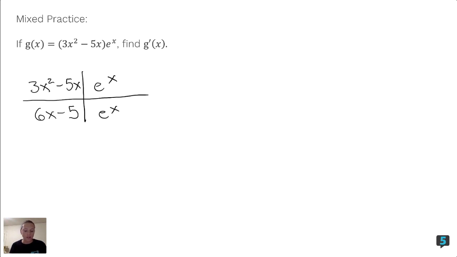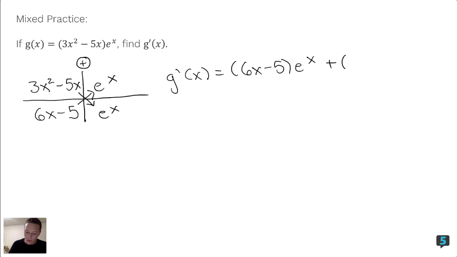All right, product rule. So we're crissing and we're crossing, but we are going to add. So we're going to get g prime of x equals the quantity 6x minus 5 times e to the x plus that quantity 3x squared minus 5x times e to the x.